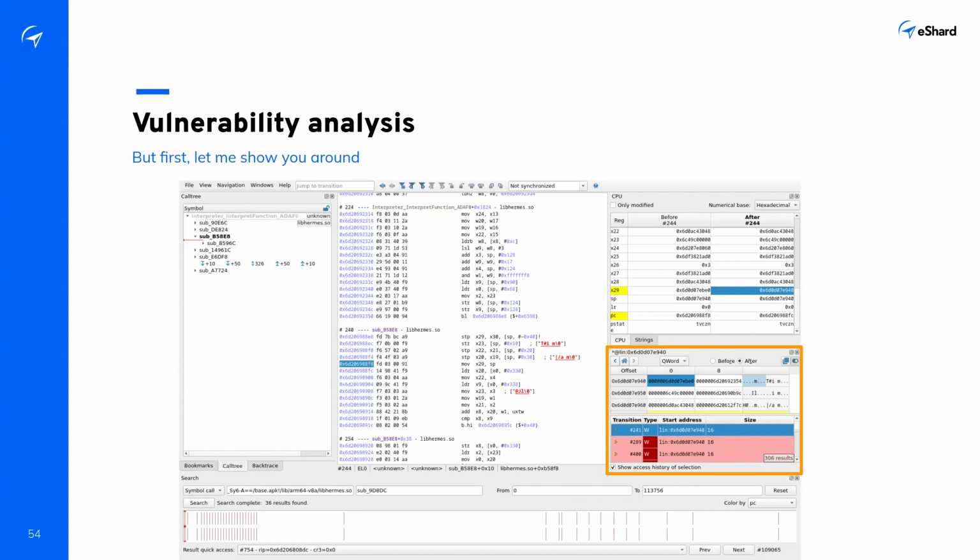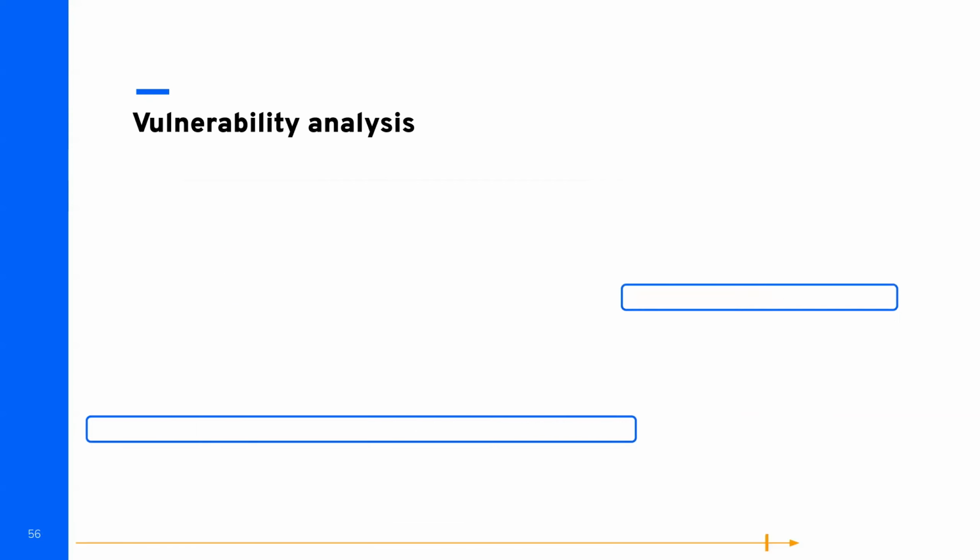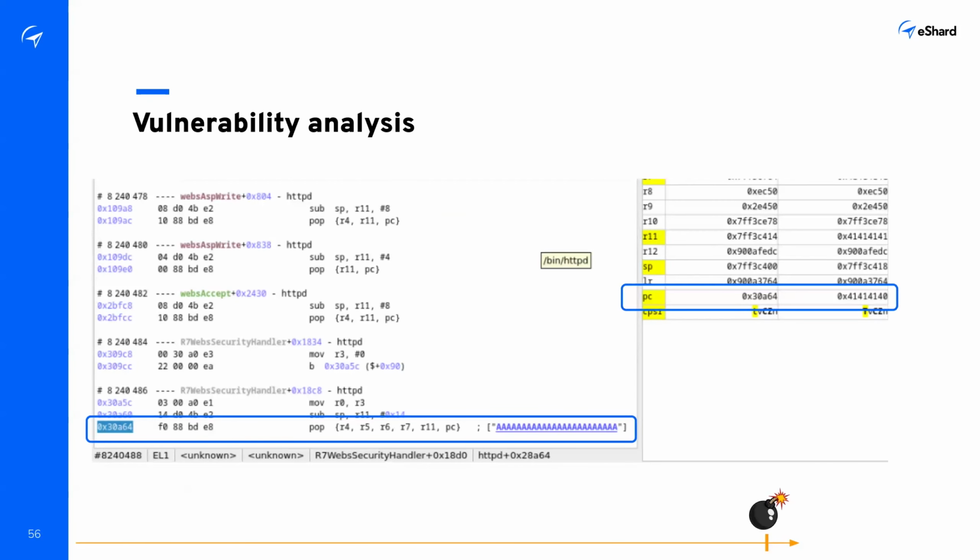That is, you can see in the entire time travel trace what instruction affected that memory region. It is quite handy to look backward in time. How was a memory buffer constructed, for example? We'll use it in our analysis later. And at the bottom, we have a search engine that can search for symbols, addresses, and so on. So now let's have a look at the vulnerability itself.